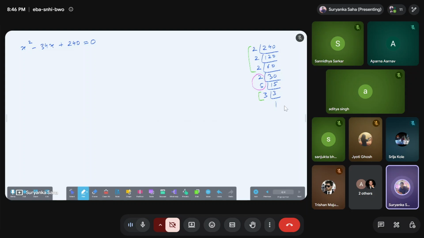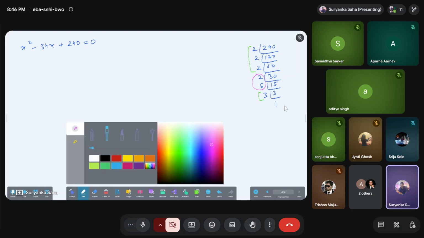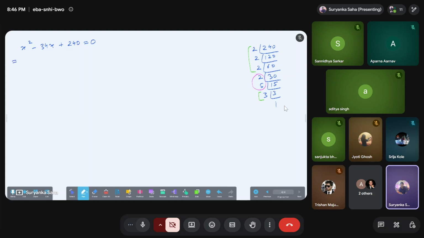So this green color portion will give you 24, and the pink color portion will give you 10. Okay. So let me split this. It will be x square minus 24x minus 10x plus 240 equal to 0.